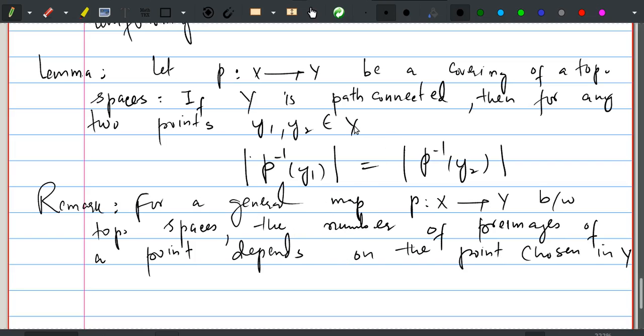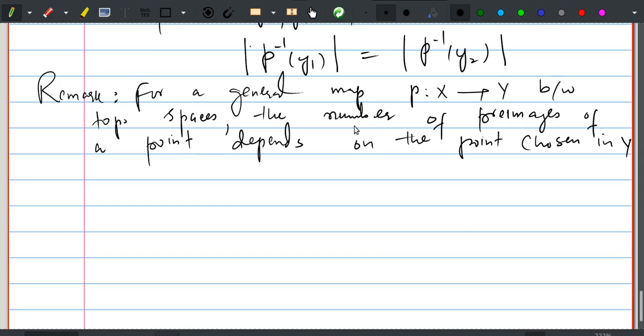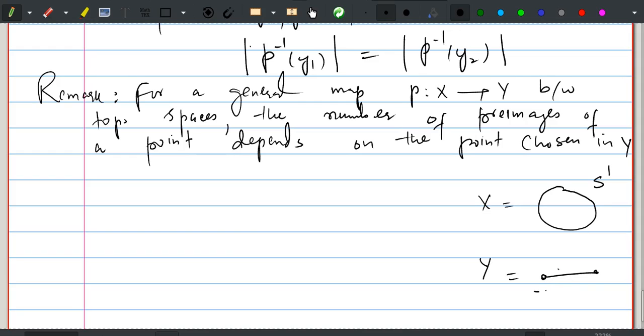For instance, if we look at the previous example where the space X was the unit circle S1, and Y was this interval -1 1.